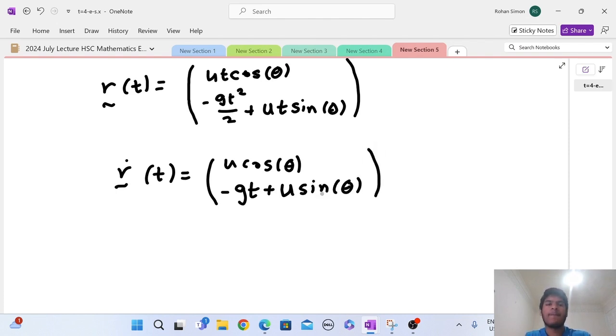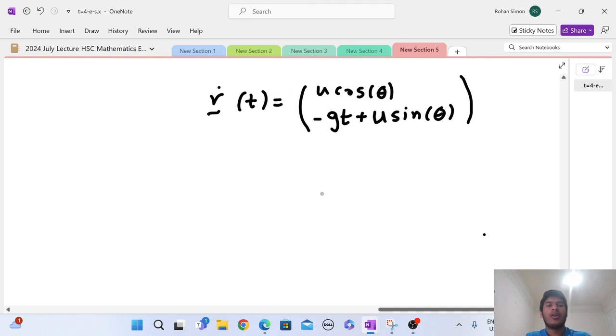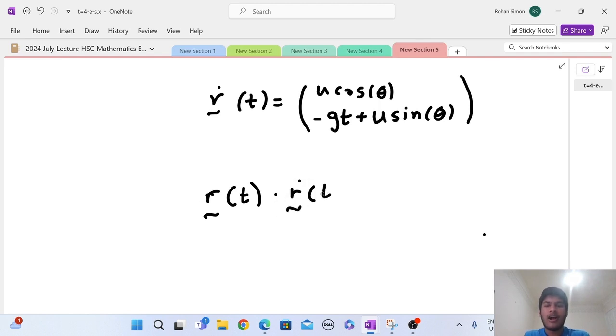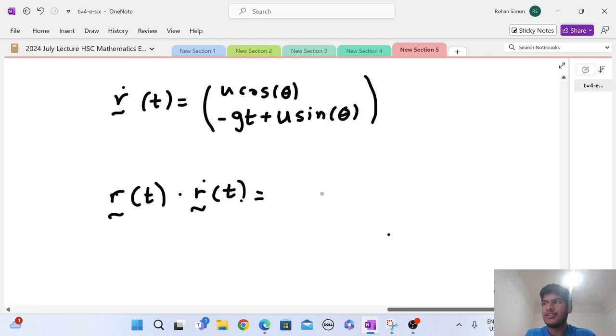Right? And so we're asked for the point at which the position and the velocity vectors are perpendicular. So that must mean that the dot product, remember when we talk about perpendicular vectors, quite often we refer to the dot product. r of t dotted with r dot of t has to be 0, right?